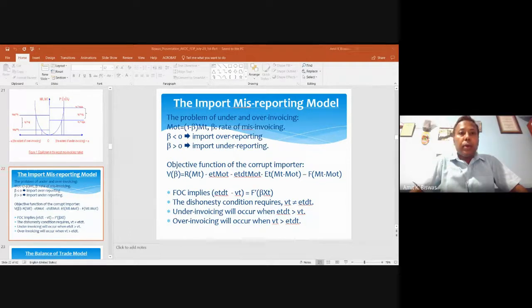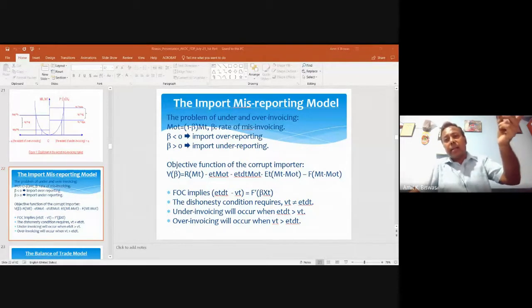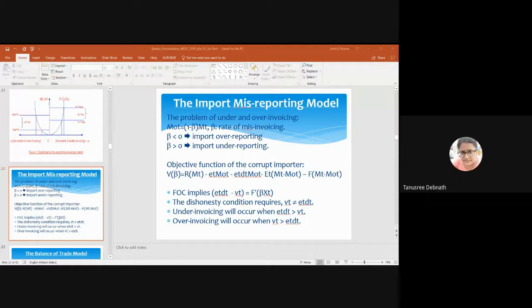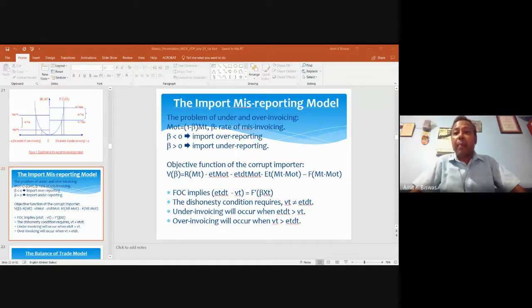No, ETDT minus BT comes later. But first you have to pay. Since you are buying $10,000 worth of laptops, you have to pay that guy. So how do you pay in the first place? Because the government gives you $5,000 because you told the government that you are importing $5,000 worth of laptops. How do you find the rest? From a hawker, she can buy the rest of the amount. Exactly, from the black market.